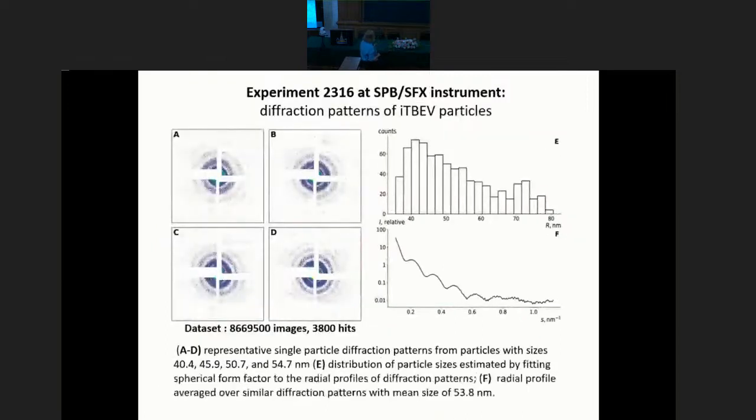And finally, you can see representative images from single particles. The particles have a bit different size, from 40 to 54 nanometers diameter. And here is a distribution of particle sizes estimated by fitting a spherical form factor to the radial profiles of diffraction patterns.